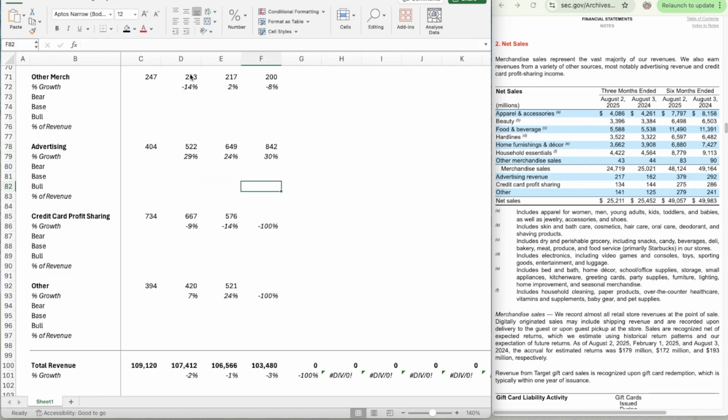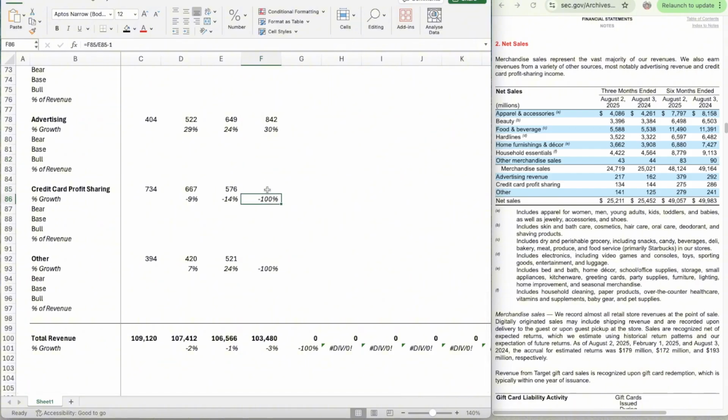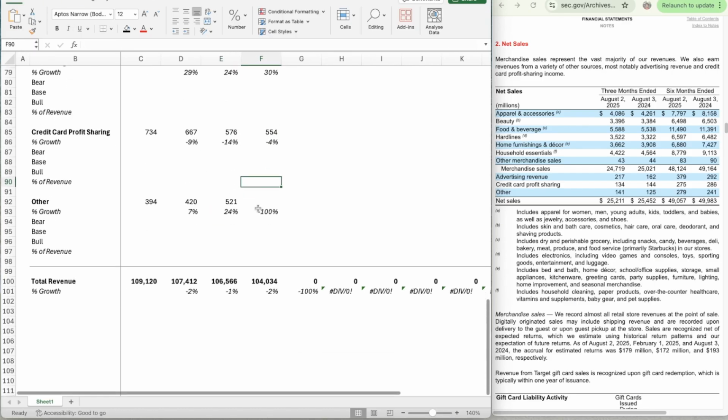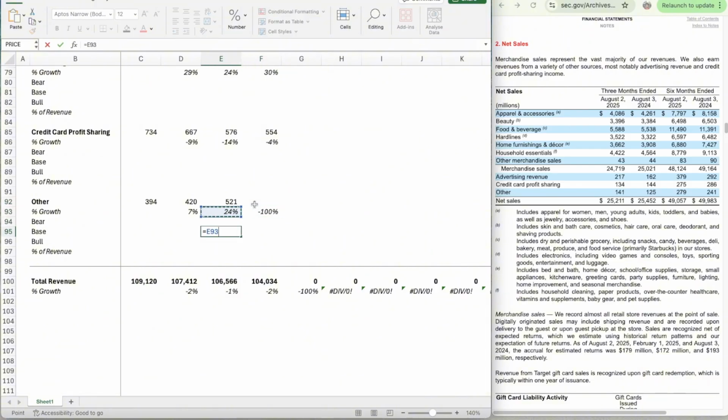Yeah, that's more like it. 576 divided by 286. 521 divided by 241, 2.16.